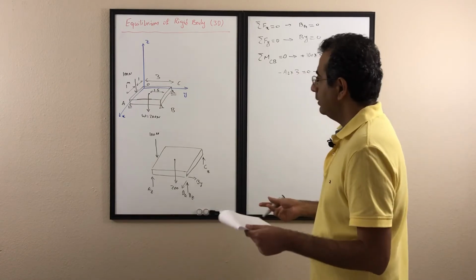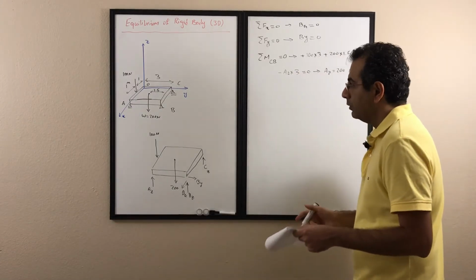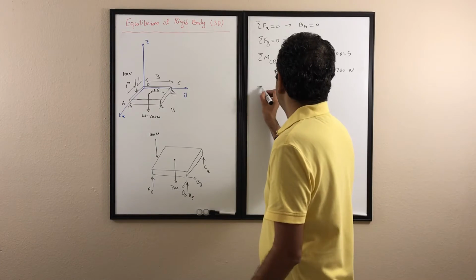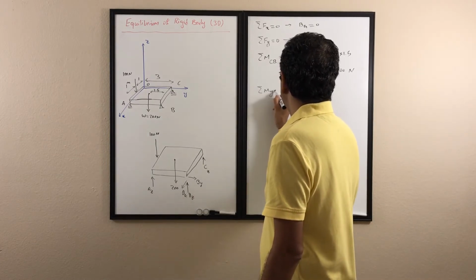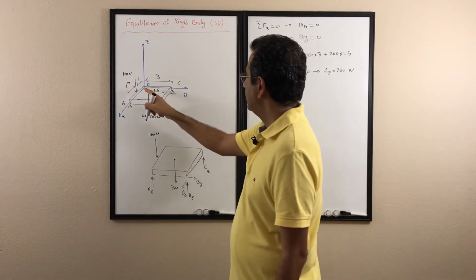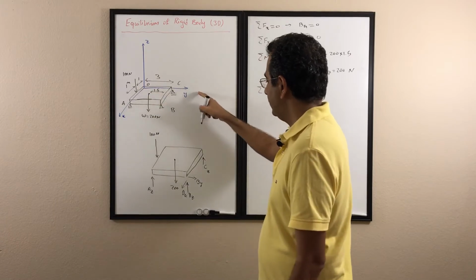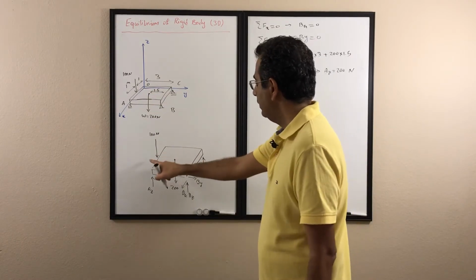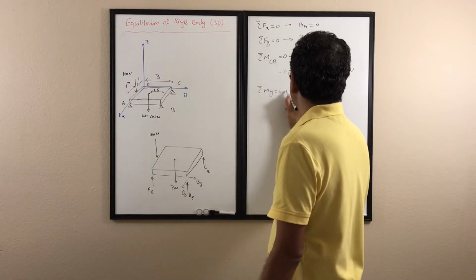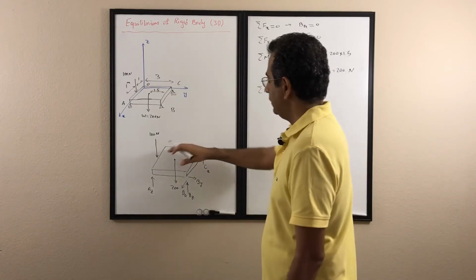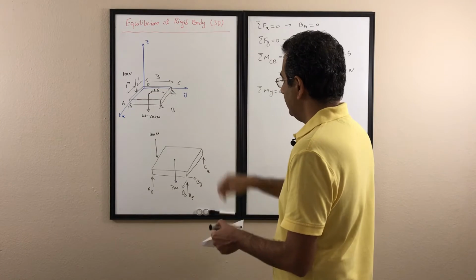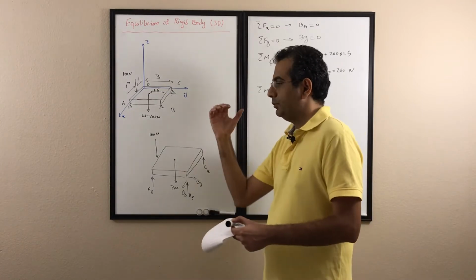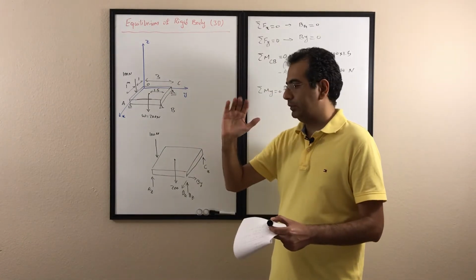For the next one, to find the next unknown, I write the moment with respect to the y-axis is 0. If I write it for the y-axis, let's see what forces I have. Again, I have this 100 Newton, and about the y-axis it rotates in the positive direction of the y-axis, like that.